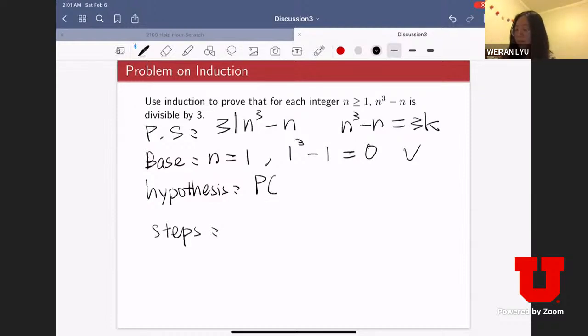So we can start by assuming that P of n minus 1 is true. And we know that P of n minus 1 is n minus 1 cubed minus n minus 1.